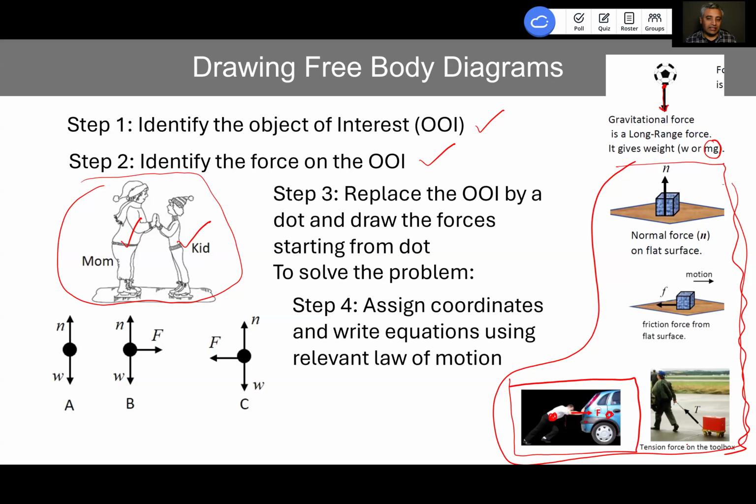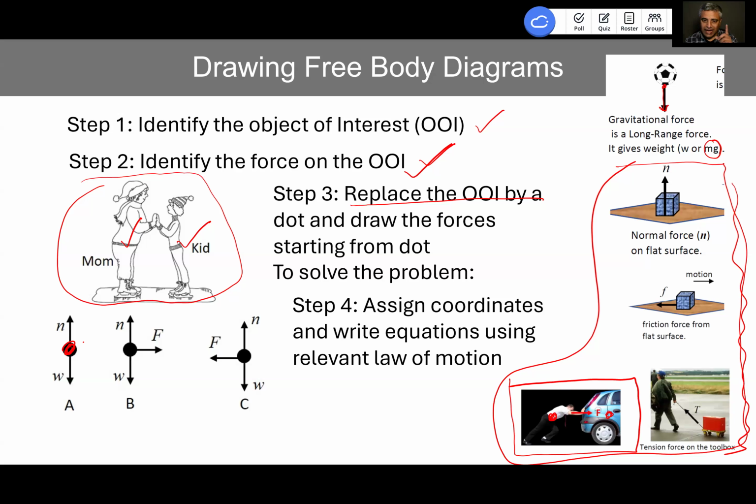And that's what this part is talking about. Okay, identify the forces on the object of interest and replace the object of interest. So now once you have identified, okay, these are the forces acting, you can replace the object of interest by a dot and then draw those forces.